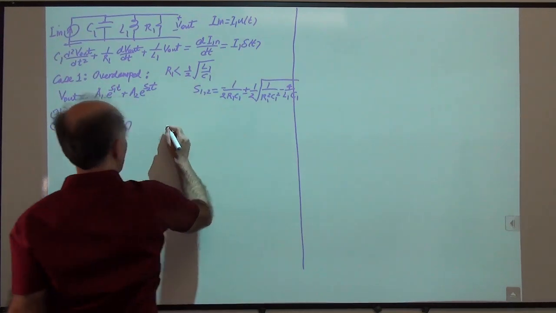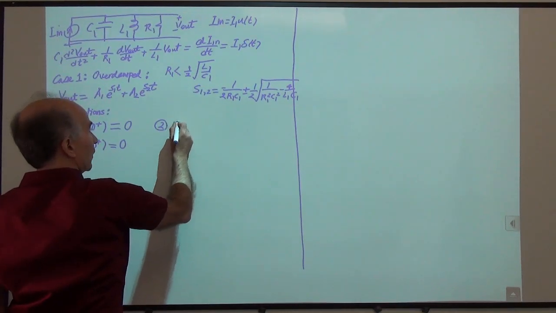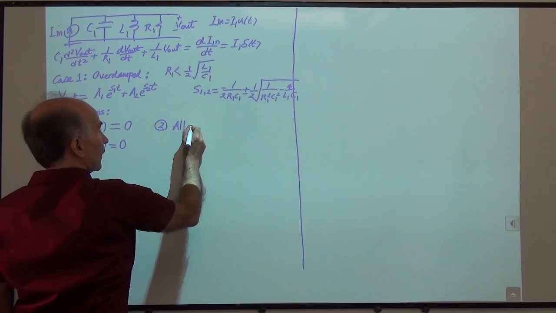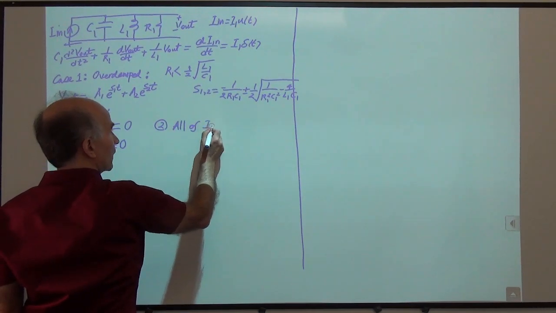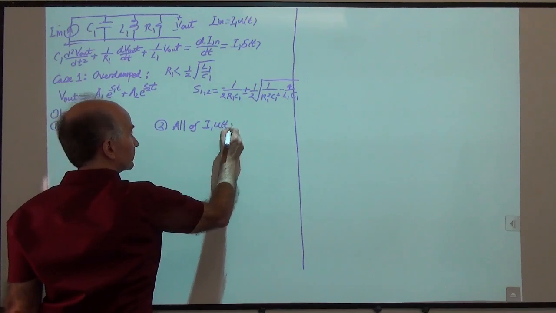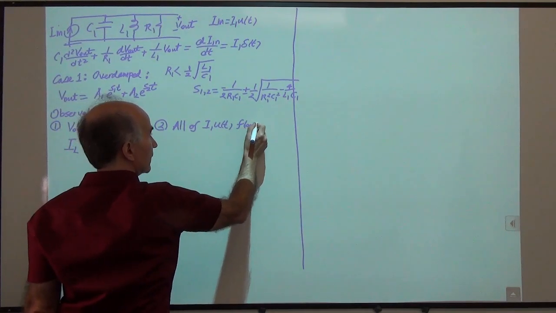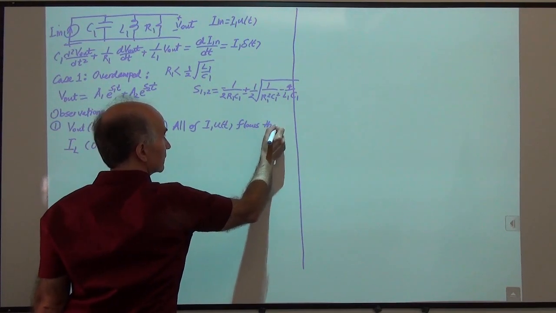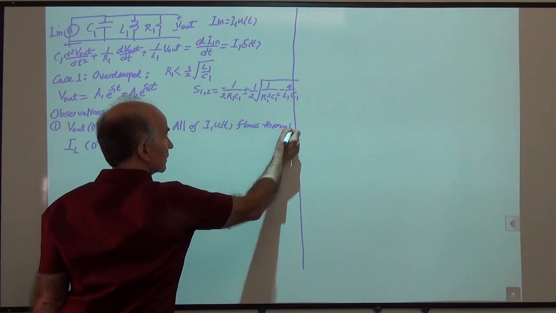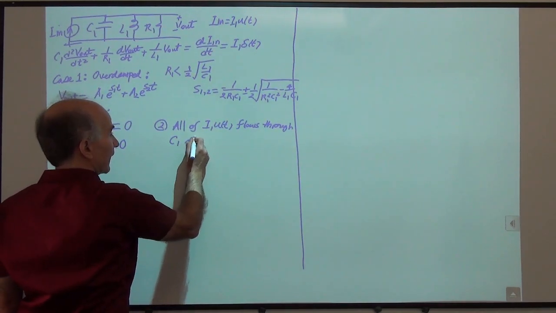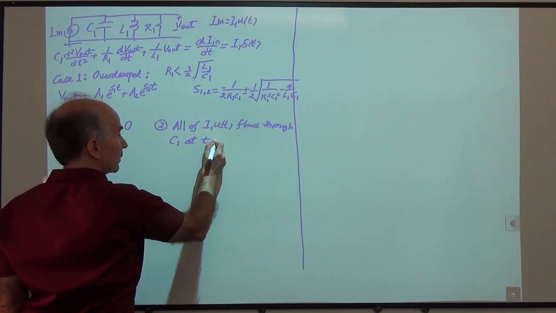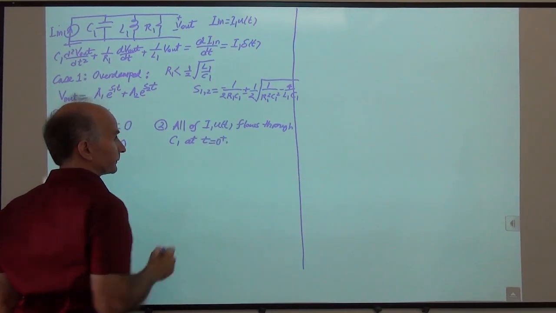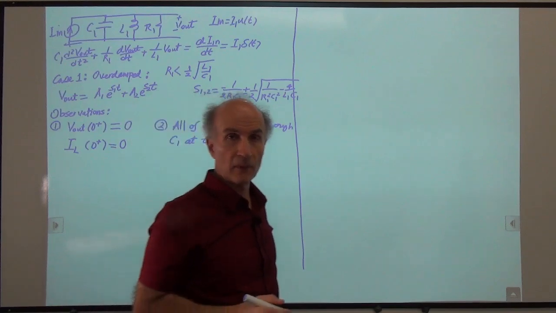So our observation number 2 is that all of I1 U of t flows through C1 at t equals 0 plus. All right, so far so good?